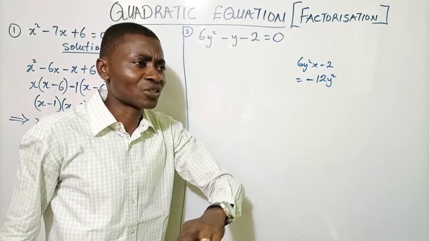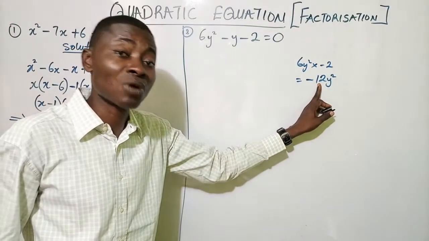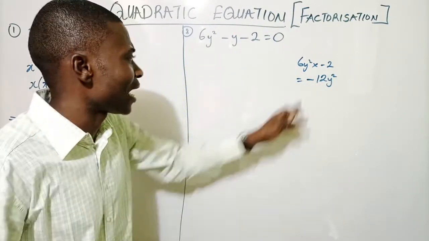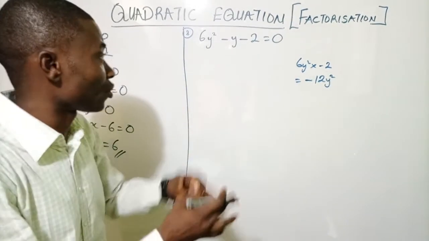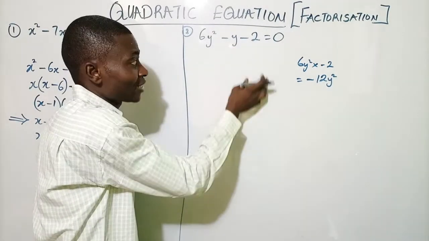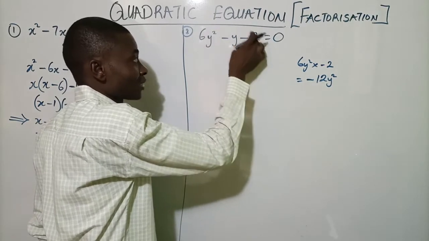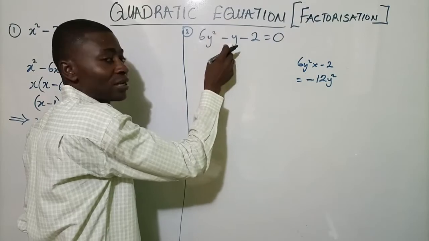So this minus 12y squared is where our attention will be. You want to ask yourself, what are the factors of 12 such that when you multiply them together, you will get minus 12, and when you add or subtract them, you will get minus y? So our attention now will be on the result when you multiply 6y squared by 2 and what you have in the middle here.